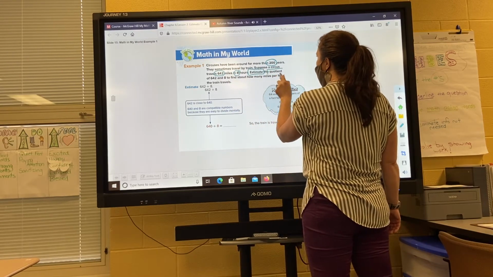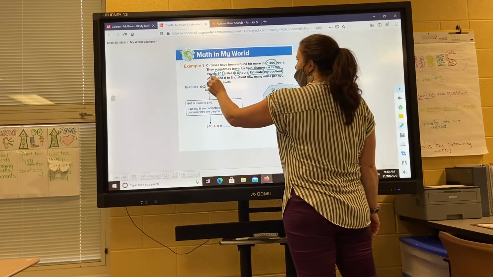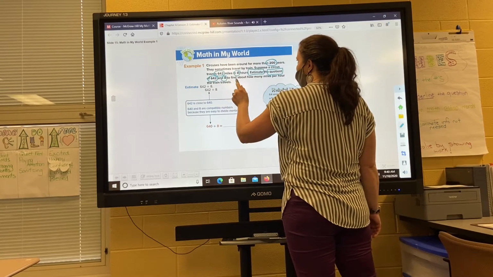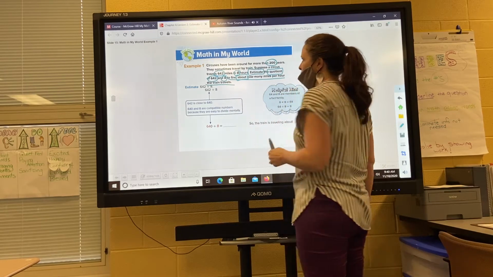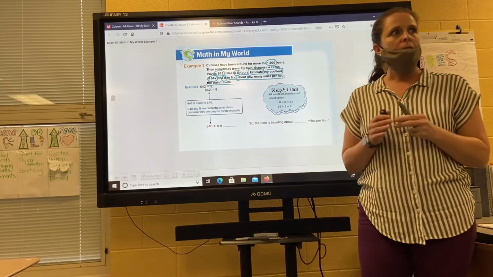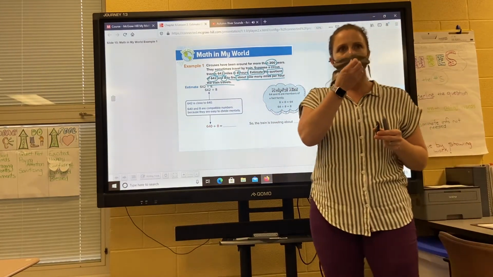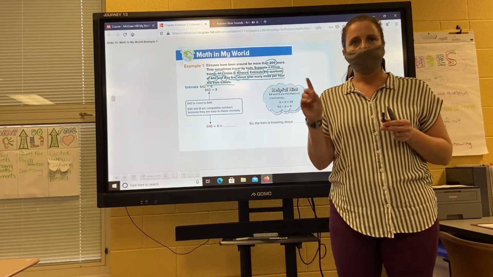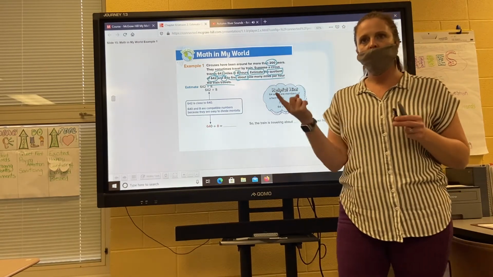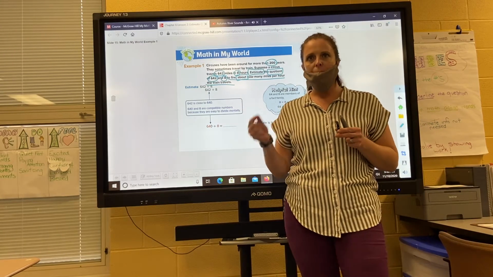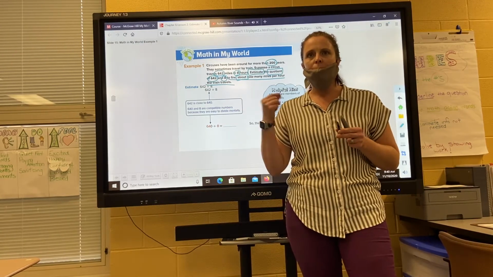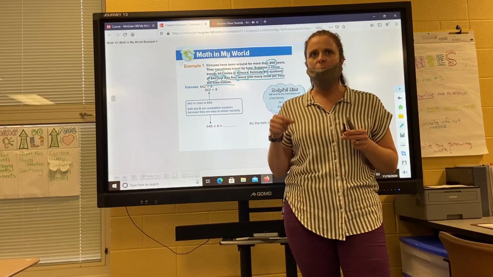Estimate the quotient of 642 and 8 to find out about how many miles per hour. We got a lot going on here. What is one thing that we can eliminate? When we do cubes, we circle the numbers, we underline the question, we box in math action words, and we eliminate things. Is there anything we don't need?